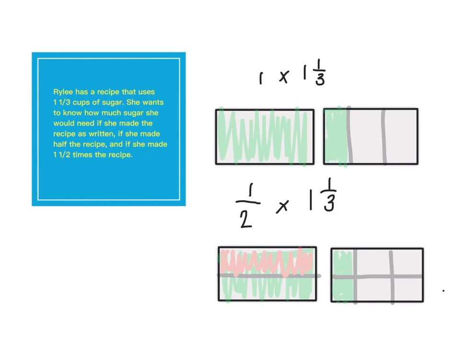So her answer would be less than 1 1/3. So when she multiplied by 1, it was equal. When she multiplies by a half, it is less than 1 1/3.